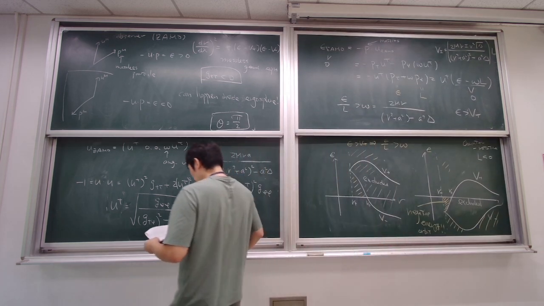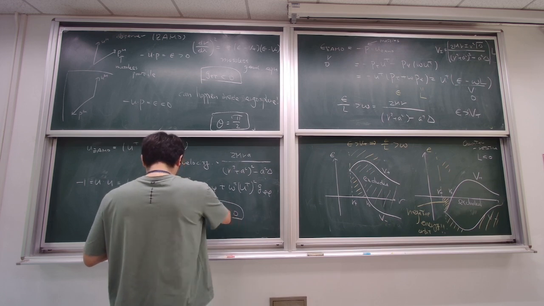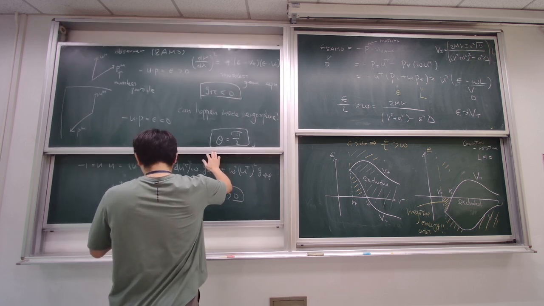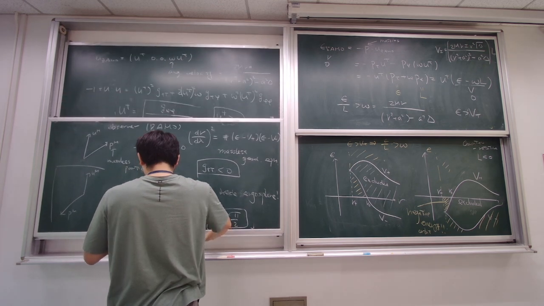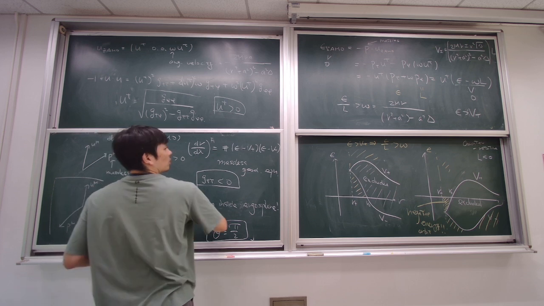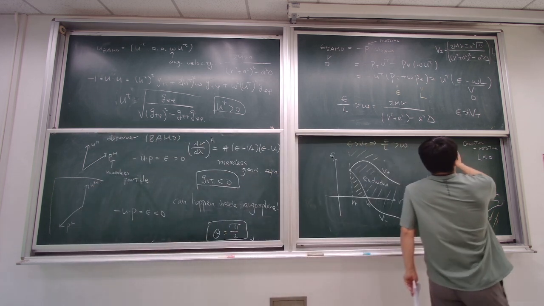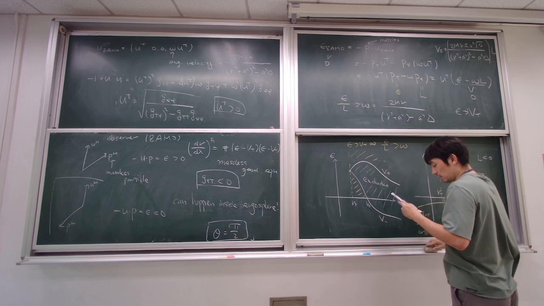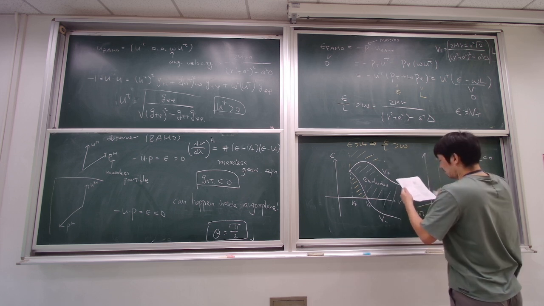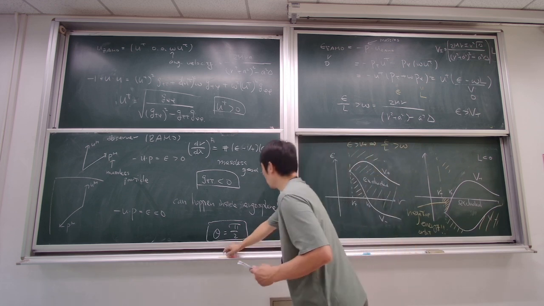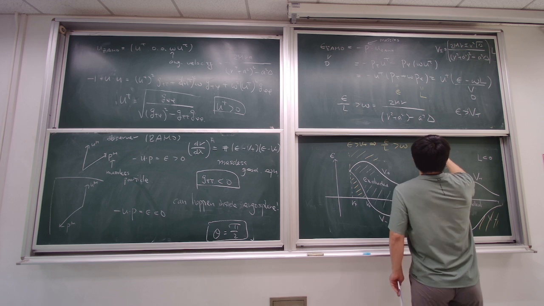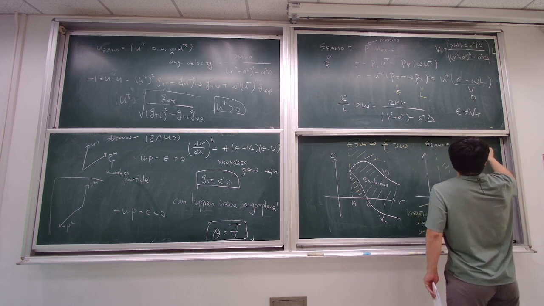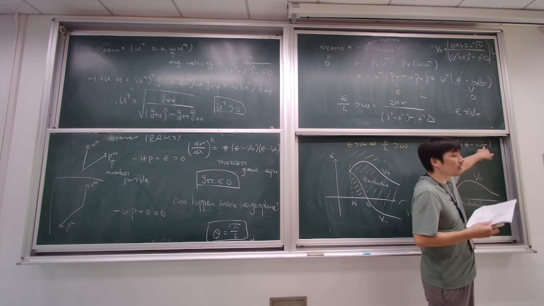On the other hand, for the counter-rotating part, maybe I can write down here. Counter-rotating part, since epsilon ZAMO is equal to U tau times epsilon minus omega L. Okay, and now L can be negative, right?